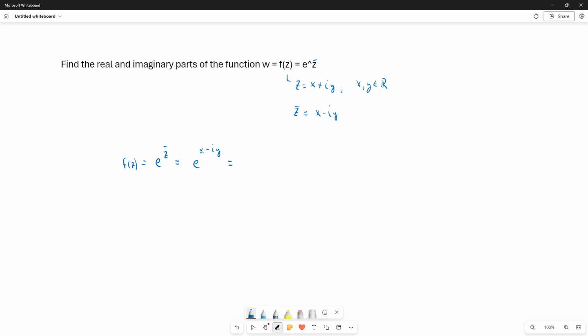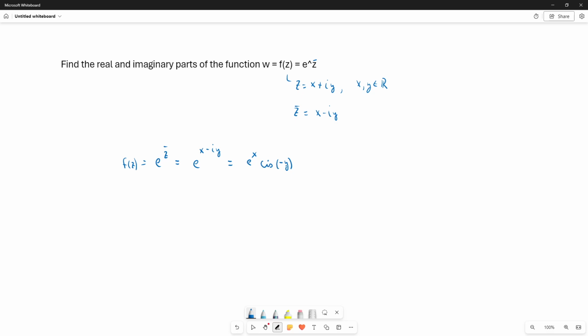And from the definition of the complex exponential function, this is e to the x, the real part, times cis of the imaginary part. The imaginary part is minus y. So e to the x minus iy is e to the real part times cis of the imaginary part.